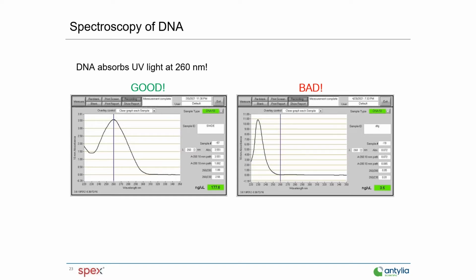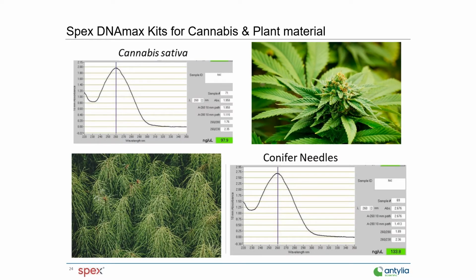That you can see on the right there is a wavelength at 230. So this is not good DNA. If you look at our DNA from our DNAmax kits, for our cannabis and our conifer needles, nice peak, nicely shaped peak, and right on that 260 and 270 wavelength. So you've got a really nice, good response for DNA.